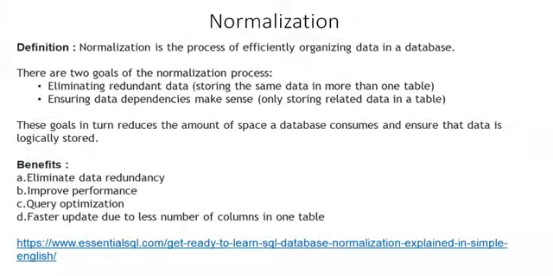The main benefits are data redundancy elimination and query optimization, faster updates due to fewer columns in one table, and it also improves the performance. There are three normal forms: the first normal form, the second normal form, and the third normal form.